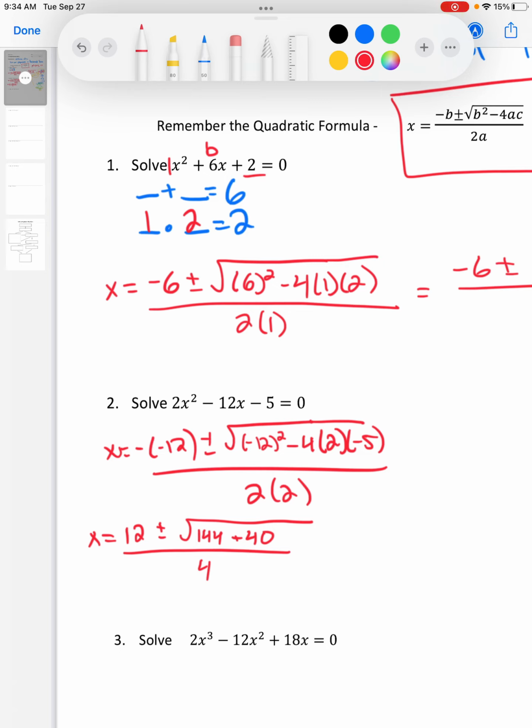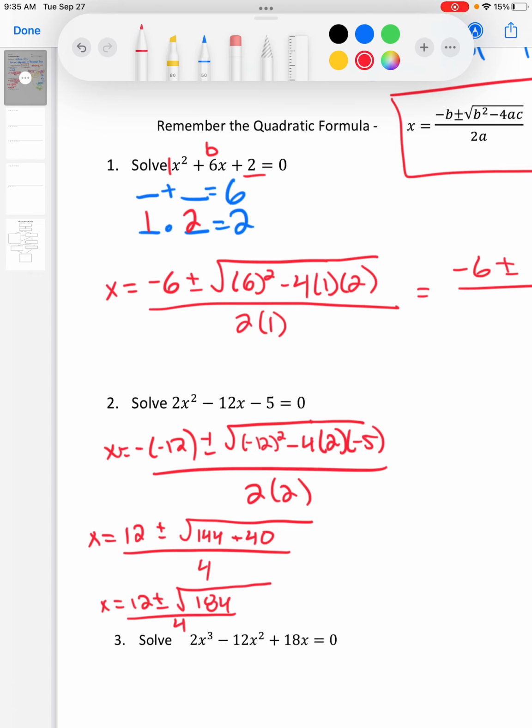Okay, so now we can just keep simplifying. We go 144 plus 40. We get x is equal to 12 plus or minus the square root of 184 all over 4.